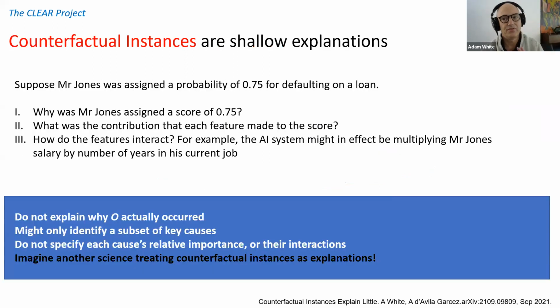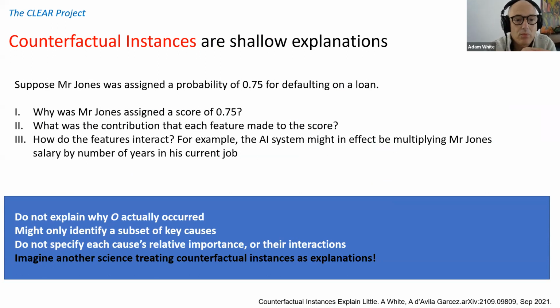Now, we are not great fans of using just counterfactual instances by themselves because they provide very shallow explanations. So if we stay with the Mr. Jones example, suppose Mr. Jones was assigned a probability of 0.75 for defaulting on a loan. Just providing a set of counterfactual instances by themselves would not explain why Mr. Jones was assigned that particular score.